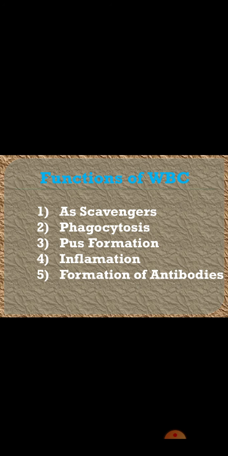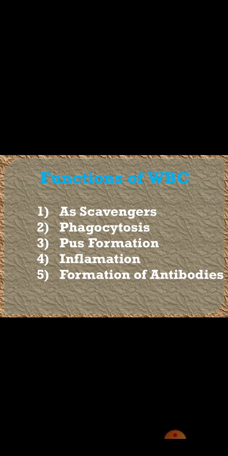Clear? What are the functions of WBCs? Leukocytes are described as the mobile force or soldier of the body because they migrate to the site of injury and infection and fight with the invading microbes.